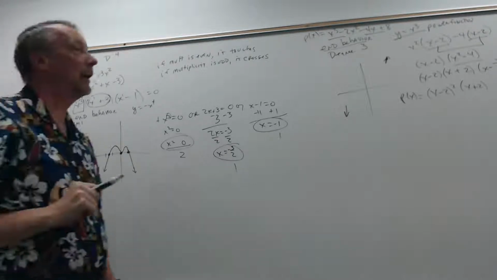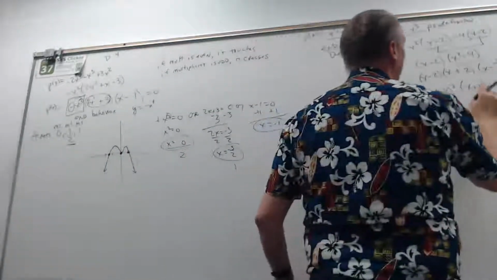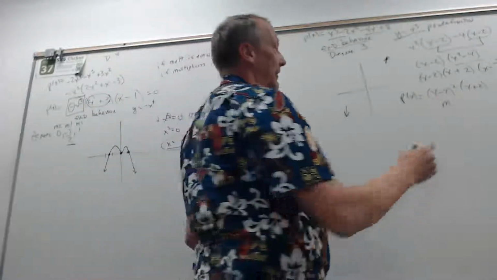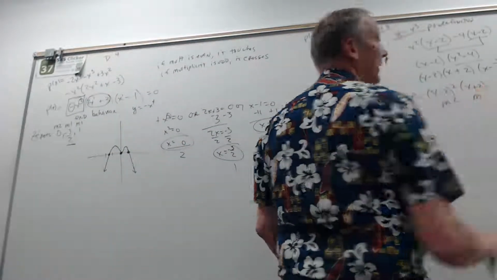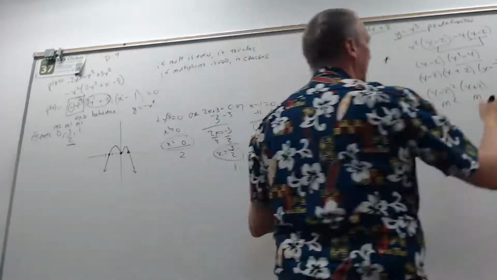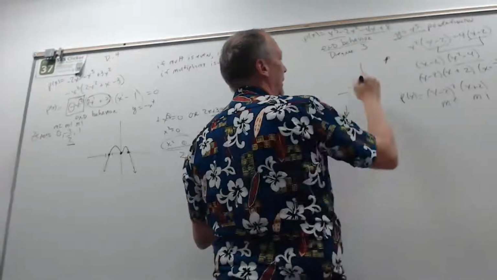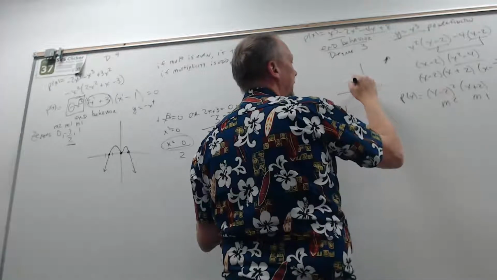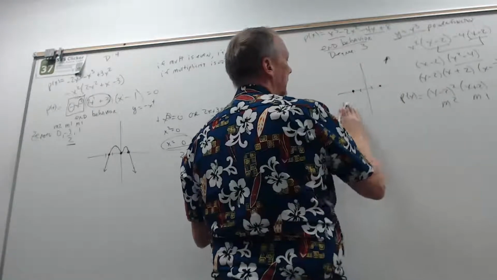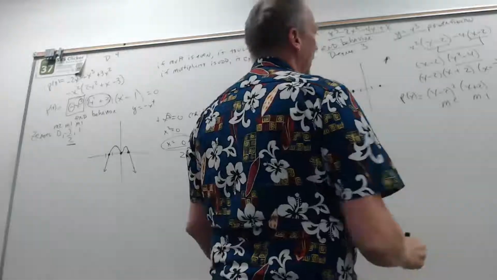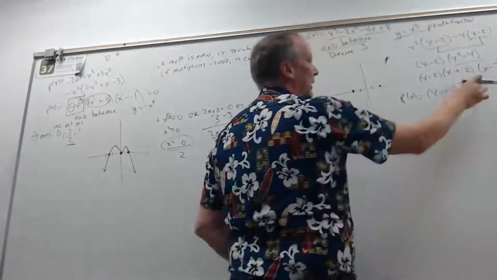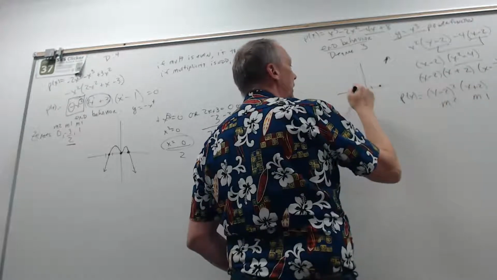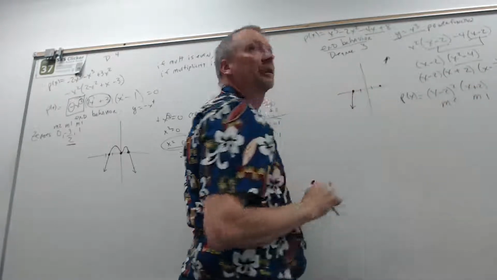Okay. All right, so I'm left with x minus 2 squared. What's the multiplicity on that? 2. What's the multiplicity on this? 1. So I'm at negative 2 and positive 2, right? I've got zeros here and here. At negative 2, do I cross or touch?